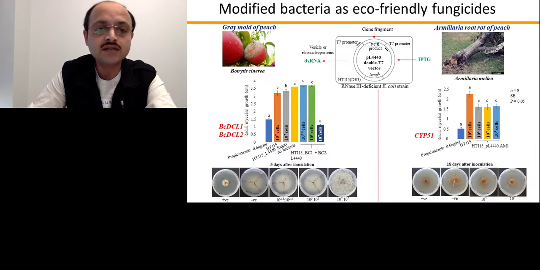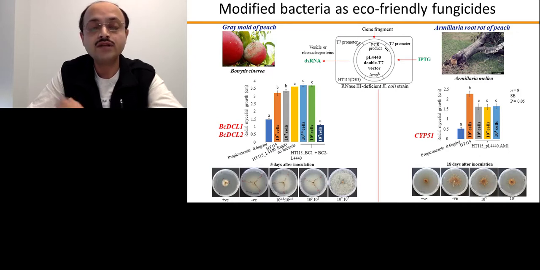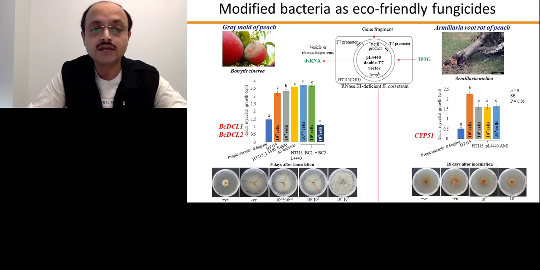Since dsRNAs do degrade in nature, we decided to express them through a bacteria. We used a construct known as PL4440, where we cloned a piece of the gene which can produce the dsRNAs in the bacterial cells, and the bacterial cell after induction can secrete it.